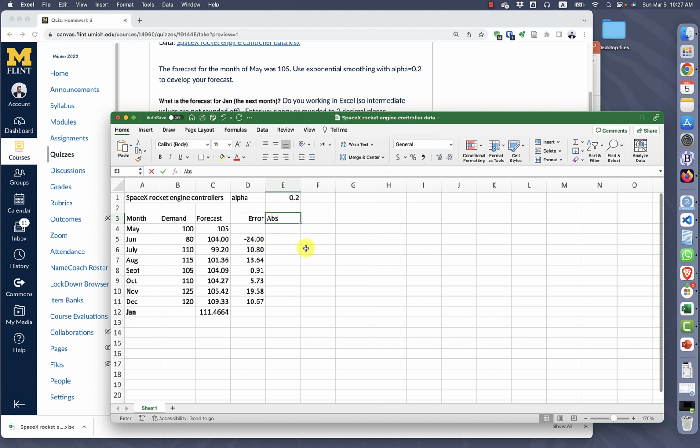That's called the absolute error, or it can also be called the absolute deviation, AD. It's the ABS function in Excel. ABS of this value will take away the sign, leaving only positive values. Once we do that, the average value of these absolute deviations is MAD.